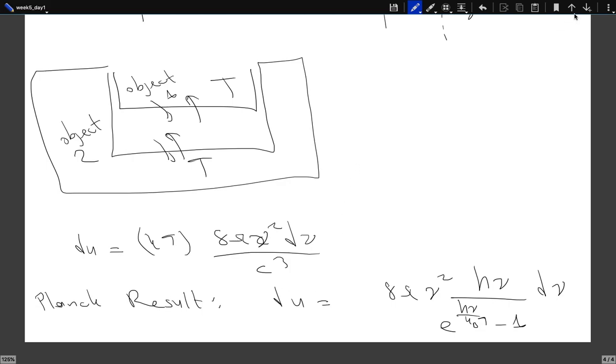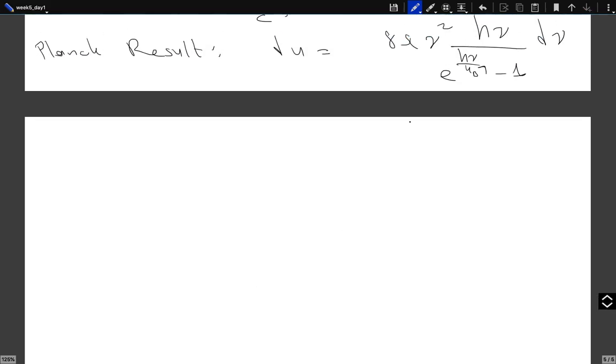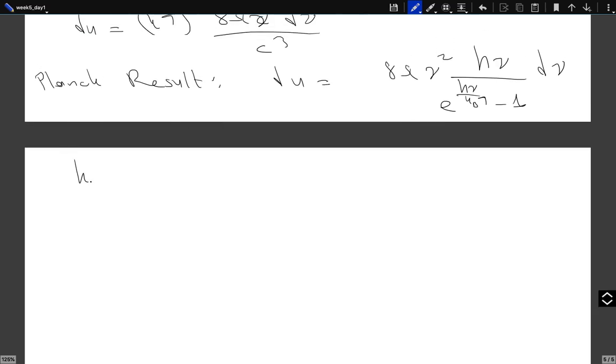Well, he already knew about the Boltzmann constant. Now, in his fit, he had to introduce one more constant. This is the fit parameter. h is called the Planck's constant.